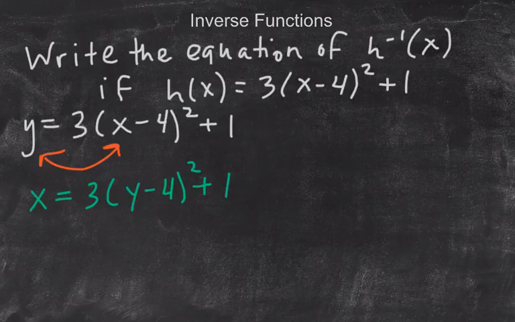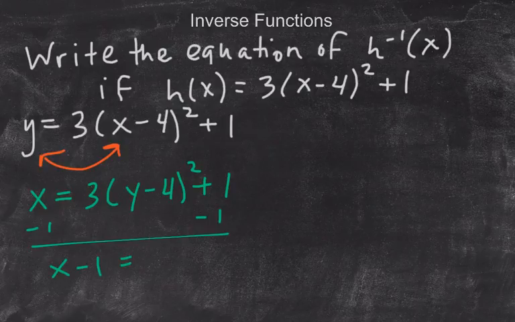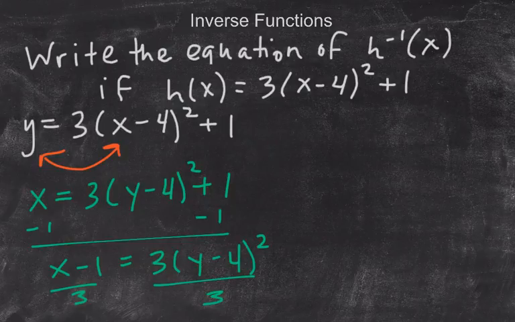So this one has a lot of things happening. I'm going to start on the outside and work my way closer into the y. So I'm going to subtract 1 on both sides. I'm going to divide by 3 on both sides.